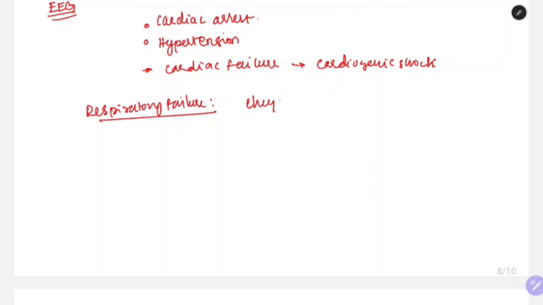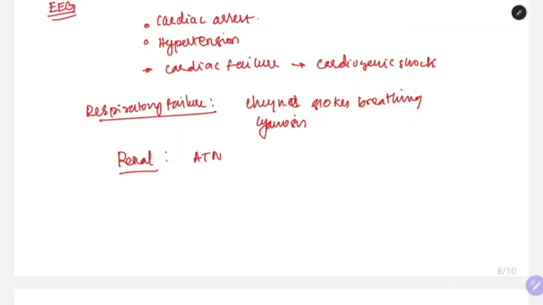So always look for Cheyne-Stokes breathing in this patient, and look for cyanosis also. This is very important. In renal complications, the patient can go for acute tubular necrosis and rhabdomyolysis also.